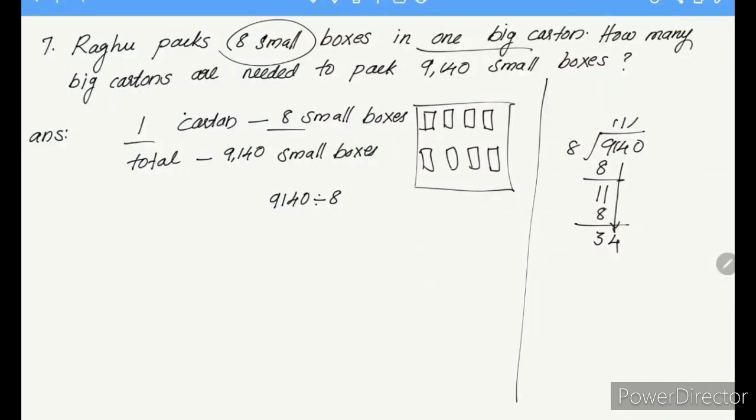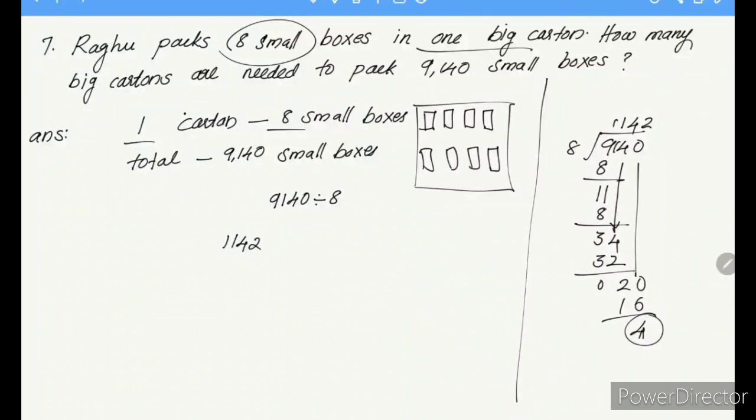Yes, 8 into 4, 32. And 4 minus 2, 2. 3 minus 3, 0. Next this 0 here. 8 into which number we can write? 8 into 2, 16. A remainder 4. Here we get 1,142. And see, 4 is the remainder here.